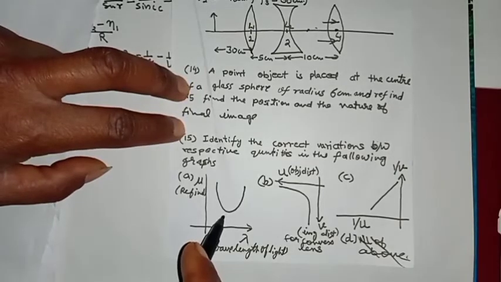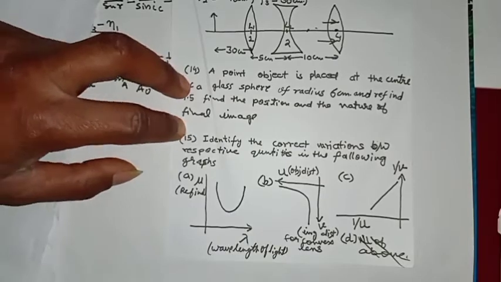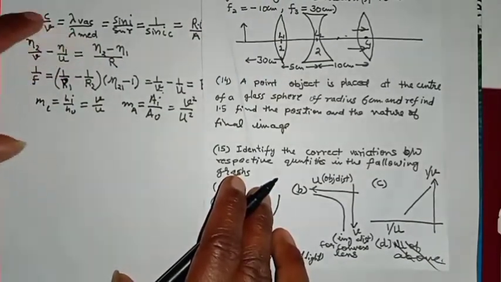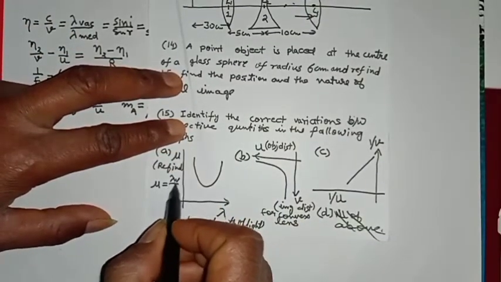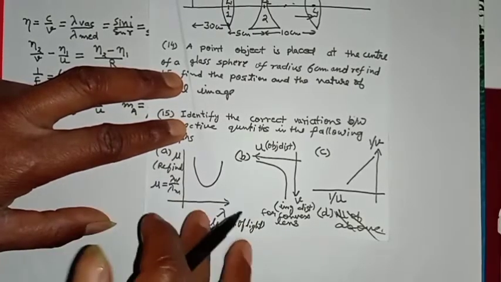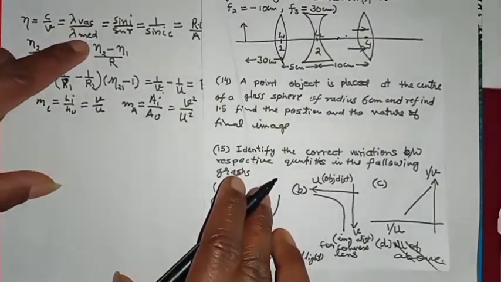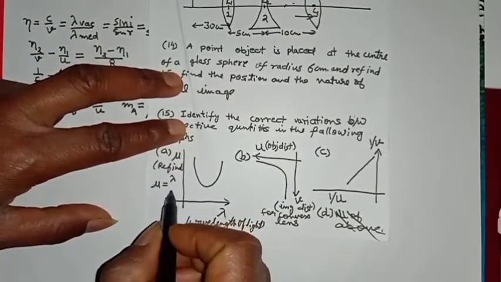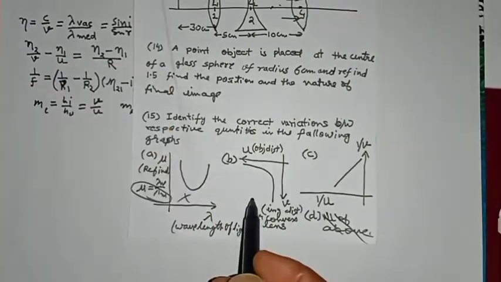We know the formula for refractive index: lambda in vacuum upon lambda in medium. But lambda in vacuum is a fixed quantity, so lambda in medium varies with the refractive index, in inverse proportion. This is not the inverse proportion graph. So moving on, next graph.